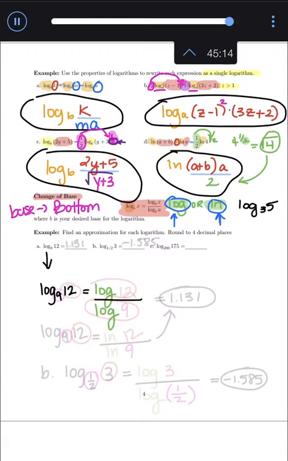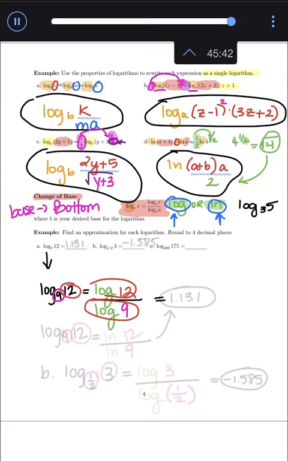Well, the base on this first example is the 9, so we're going to stick that on the bottom. That means the other number, the 12, will go on top. So that tells me if I want to find log base 9 of 12, I'm just going to find the log base 10 of the 12 first on top and divide by the log of 9 on the bottom in my calculator. And let's see what you get.